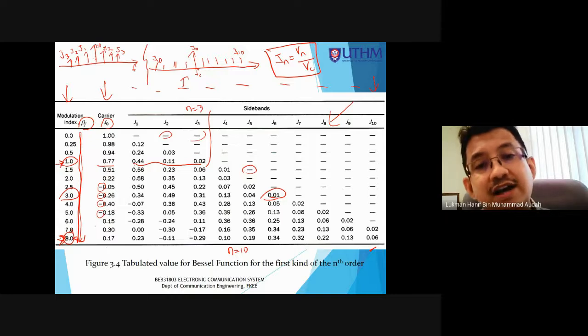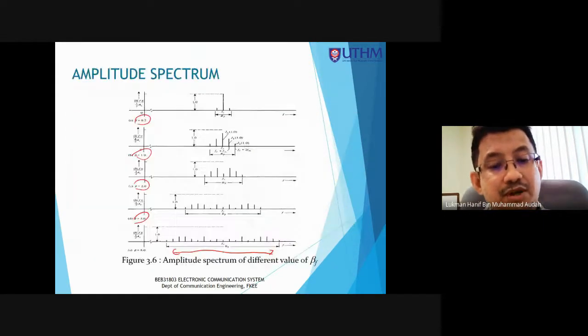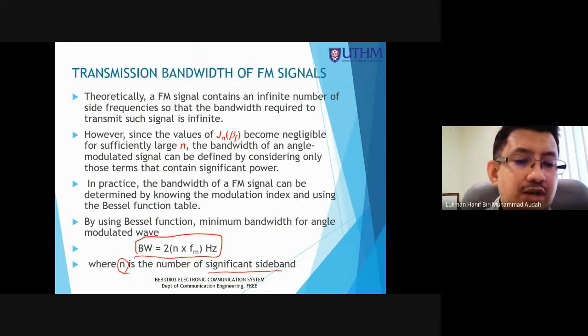When you want to find the value of N, first you need to know what is the value of beta. Kalau tak tahu nilai beta, kita tak boleh cari nilai N. Okay, we need to know how much is the beta. Okay. So we can find the bandwidth using these equations.